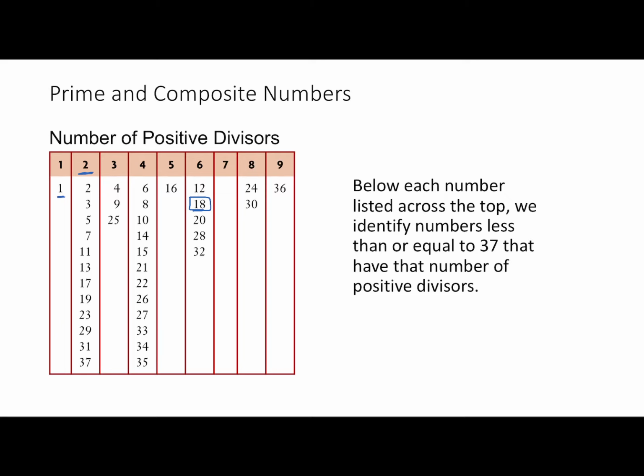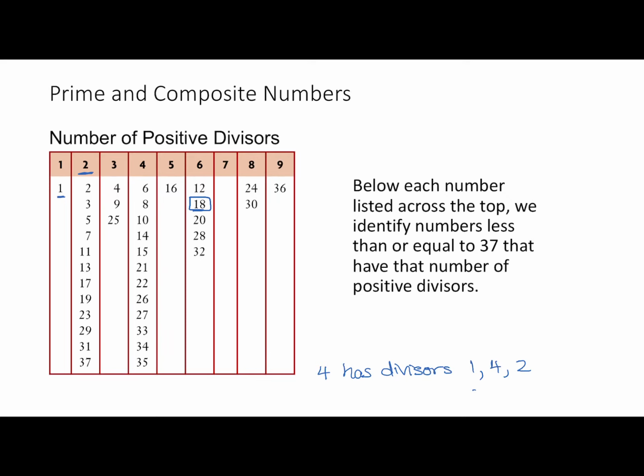Column 3 are numbers that have 3 divisors. Let's just look at 4, for example. 4 has divisors 1 and itself, and also 2. Those are the only divisors of 4. Similarly, 9 has 1, 9, and 3, and so on.